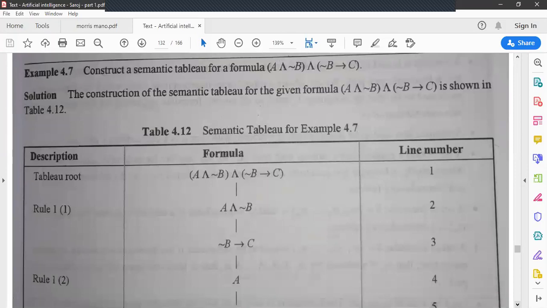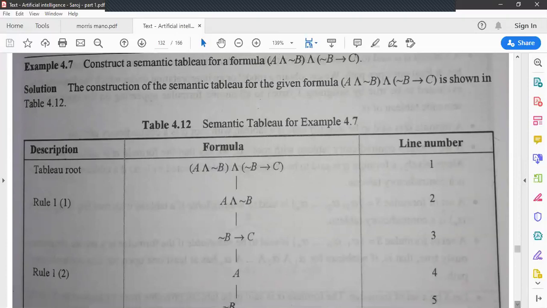Let us look at an example of how we can construct a semantic tableau for a formula. The formula given is A and not B, and within parentheses not B implies C. If you look at this formula, it has two subformulas. So we have to look for which rule to apply from the rules given for semantic tableau.